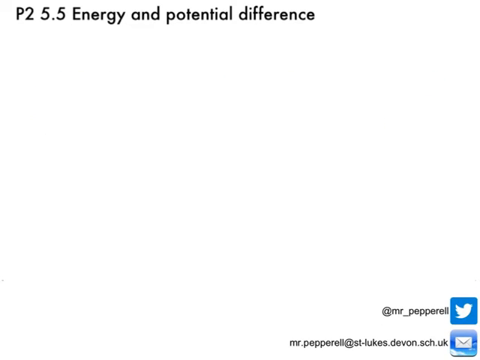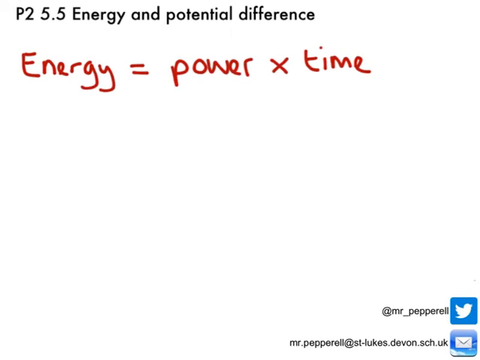Way back earlier in P2, when we were looking at work and energy, momentum and that sort of thing, we found an equation for calculating energy: energy equals power multiplied by time. In P2 5.4, the last lesson, we also found out we can calculate power if we know the potential difference and the current, by multiplying those together.